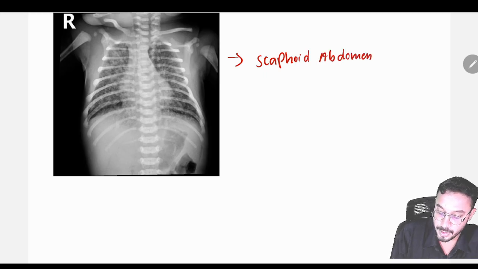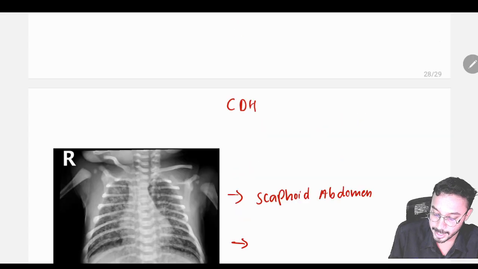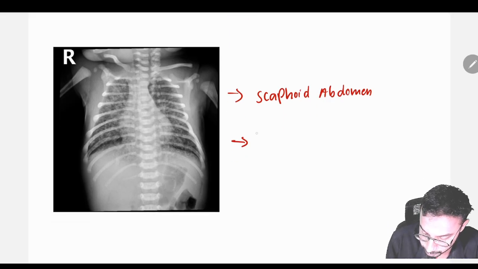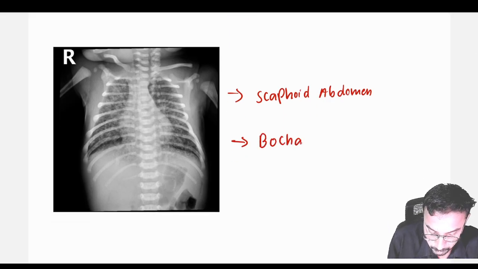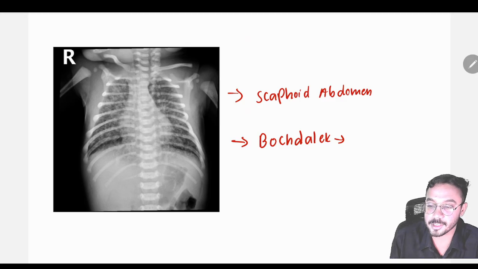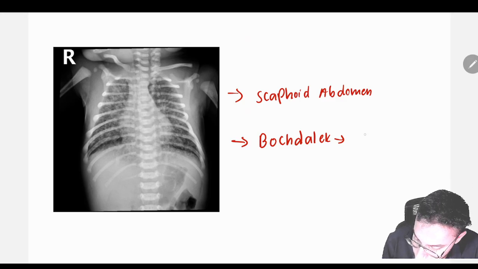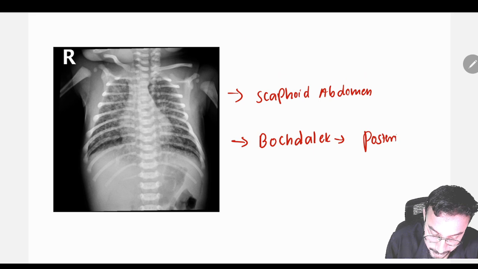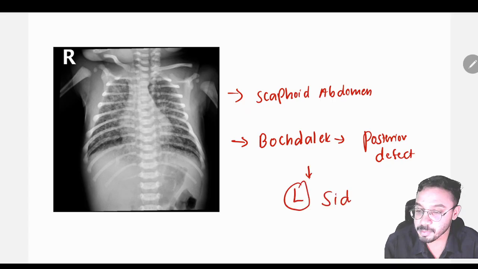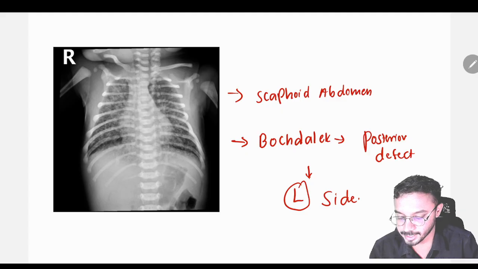The most common form of CDH is Bochdalek. Is it an anterior or posterior defect? It is a posterior defect. If they ask the side, it is the left side. So scaphoid abdomen is seen in congenital diaphragmatic hernia.